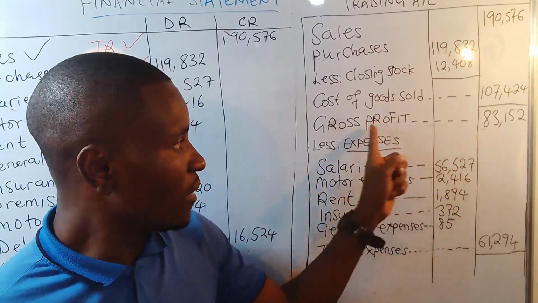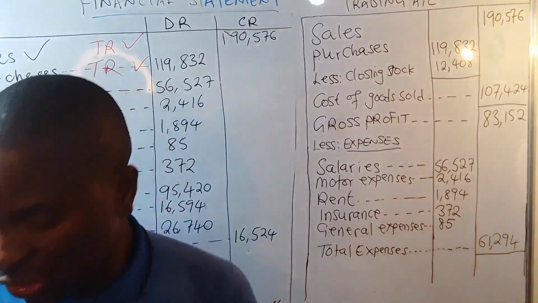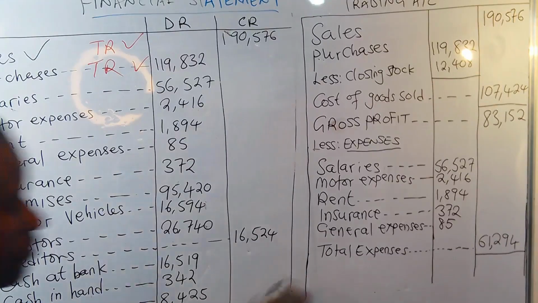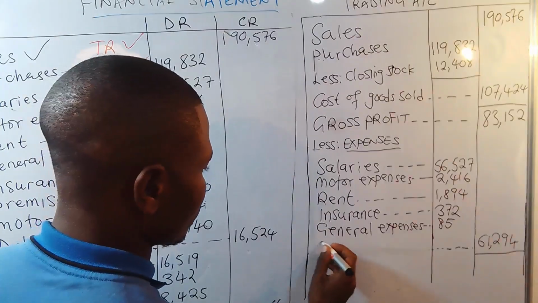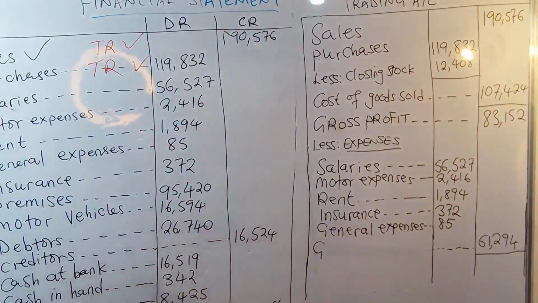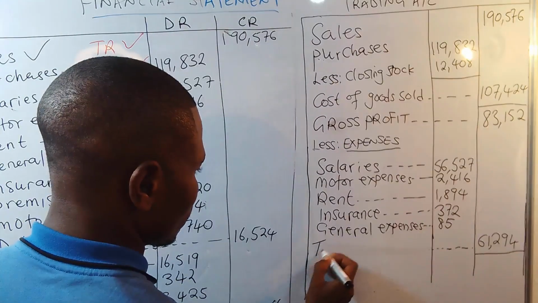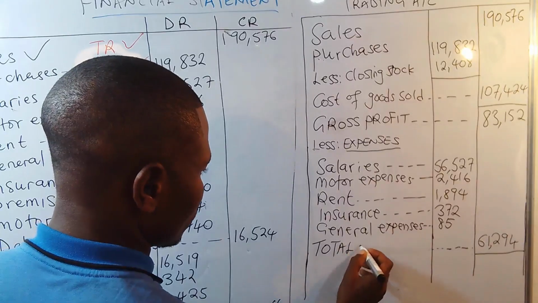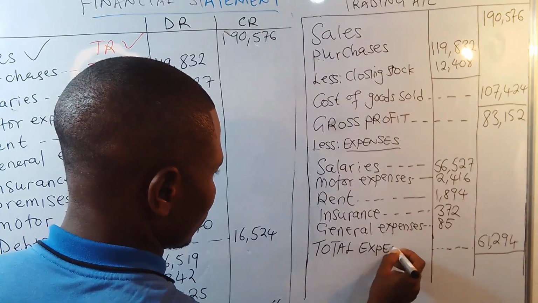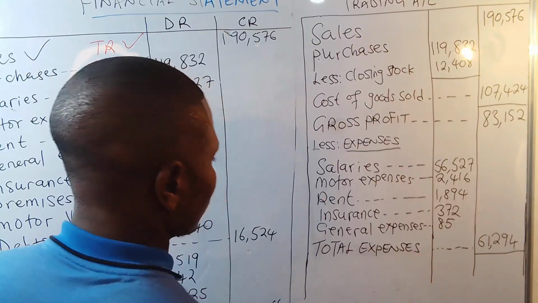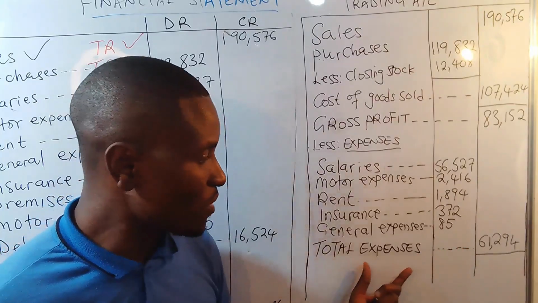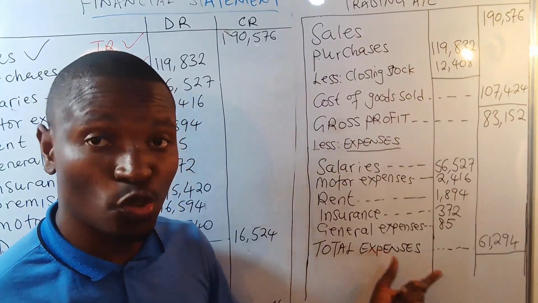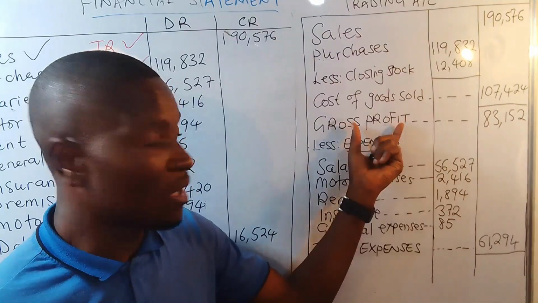Okay, so the gross profit, okay, let me just try to calculate this. So now you can see that the value of the expenses is actually written as total expenses, which is that, and then we also have the gross profit.